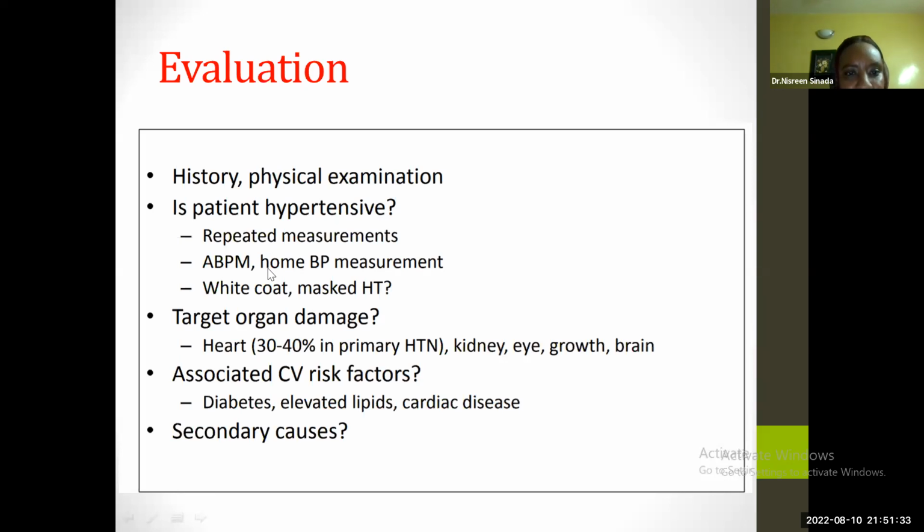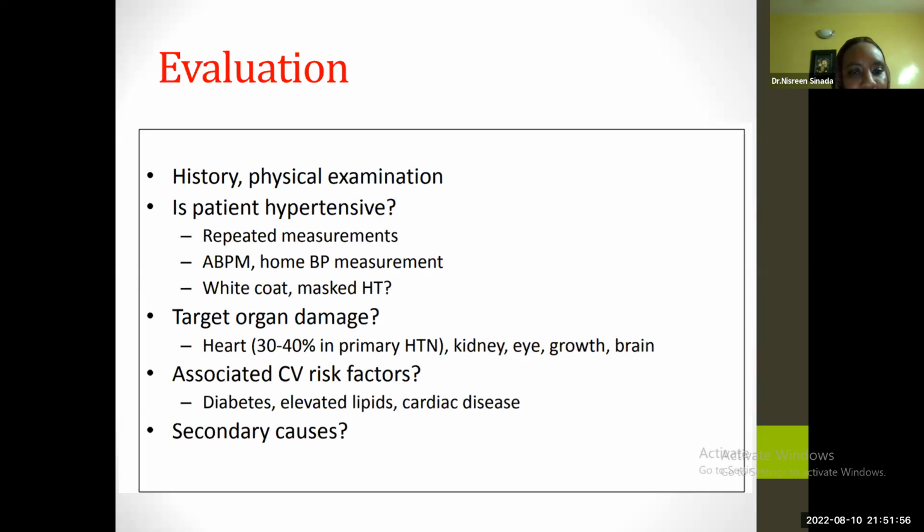ambulatory blood pressure measurement. Also, you should ask yourself about target organ damage to know if it is urgency or emergency hypertension, because the management will be different. And you need to drop the blood pressure gently in emergency hypertension, and you need to start an intravenous infusion.